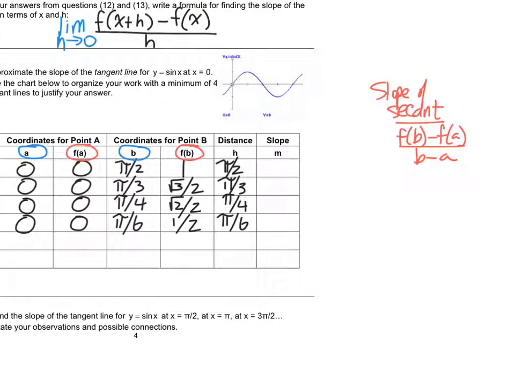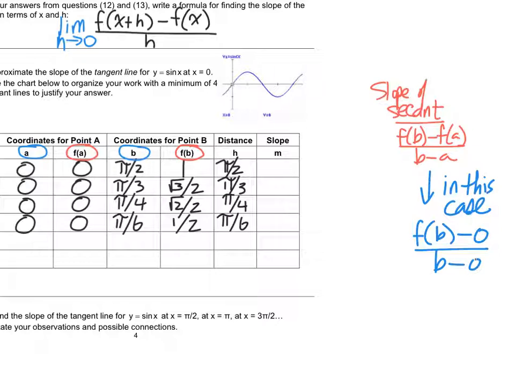All right, so in this case here, really all we're doing, I'll just make a note. Because it would be f of b minus 0 over b minus 0, it's just whatever your f of b value is divided by your b value.